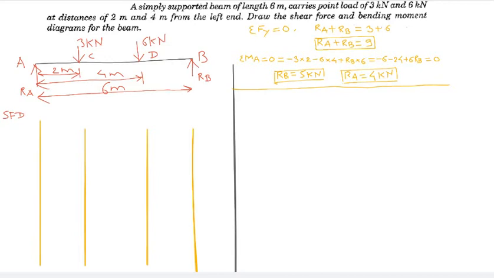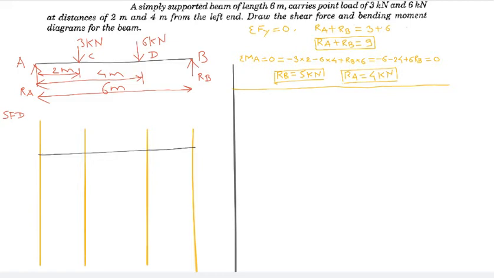I'll first start with the beam line. So at A, a 4 kilonewton force is there, which is in an upward direction.